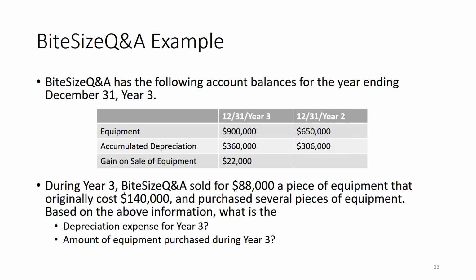Bite-Size Q&A has the following account balances for the year ending December 31st, year 3. On that date, their equipment has a balance of $900,000. The beginning balance was December 31st, year 2, which really is January 1st, year 3. That was $650,000.